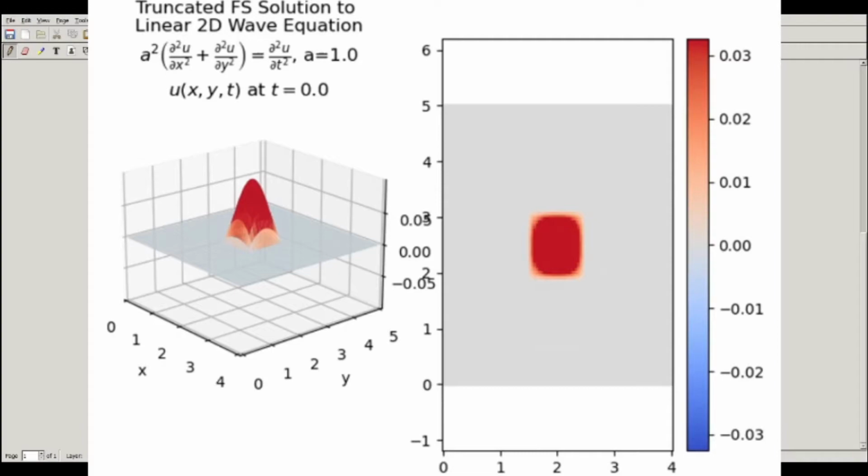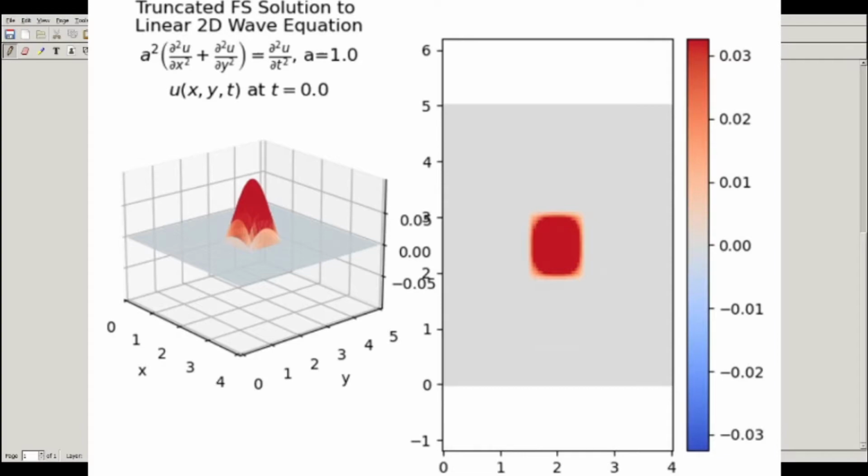So imagine that you pluck a string here, or not a string, but a membrane in the middle of the membrane, and you want to watch how the membrane is going to be disturbed over a certain length of time. And so I'll hit play here, and we'll take a look at this. This is for what are called two fixed boundaries and one variable boundary.